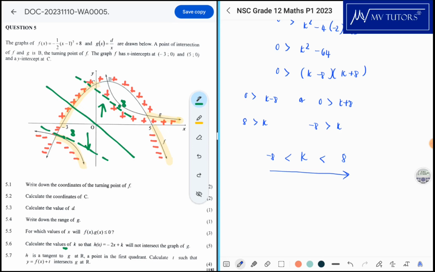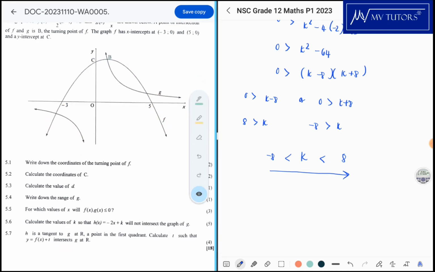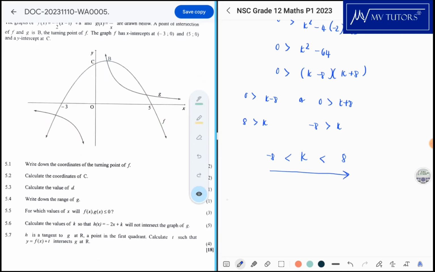All right, and now we get to the last question, 5.7. So it says h is a tangent to g at R. Okay, remember h of x, let's just put it down here just in case you have forgotten. It is negative 2x plus k.